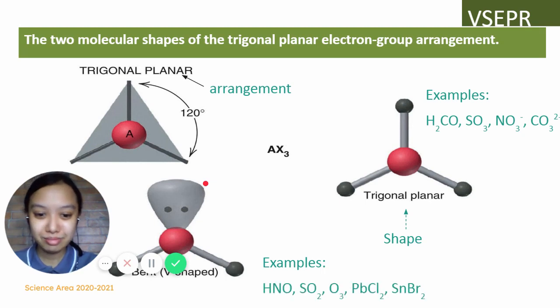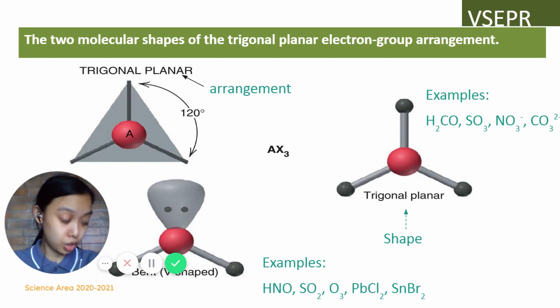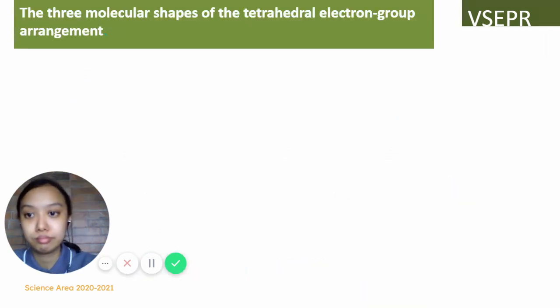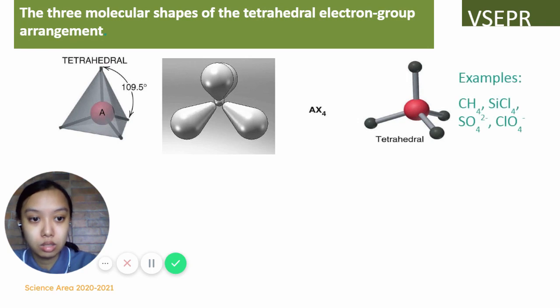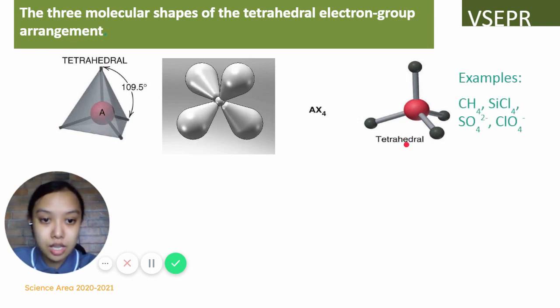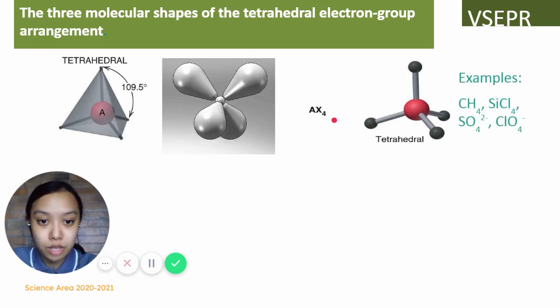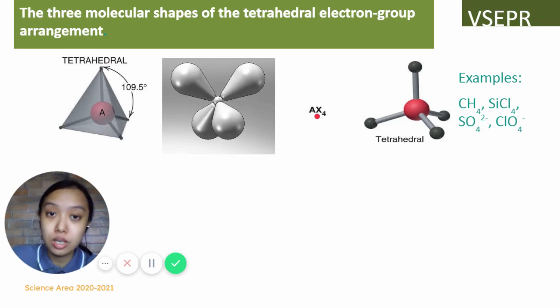Anyway, moving on. These are some molecules with this particular example. So we also have tetrahedral. If it's tetrahedral, it means that the configuration is AX4.